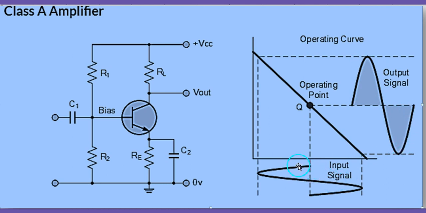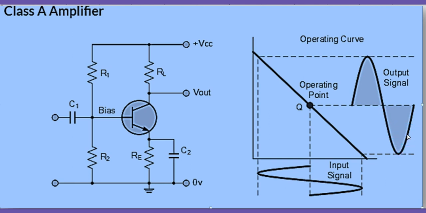This is a class A amplifier. Class A amplifier means the input signal is varying like this, the Q point is at the center, and we will get the output here, which is exactly a reproduction of the input signal.